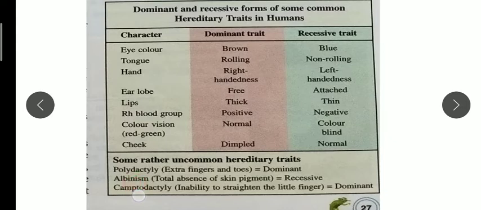Albinism is a condition related to skin pigment, in which melanin pigment is absent in the body of an individual, and it occurs due to a recessive gene. Camptodactyly is the inability to straighten the little finger, due to a dominant gene. These are some uncommon hereditary traits. You should know these terms.